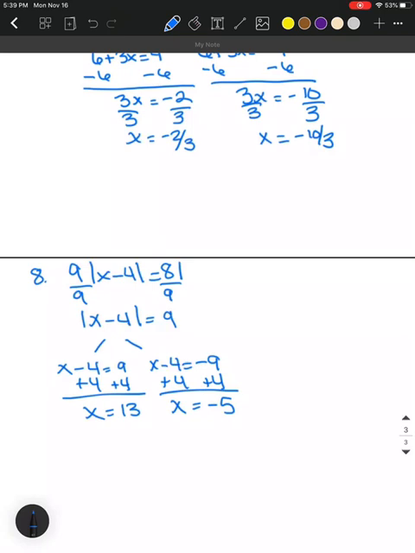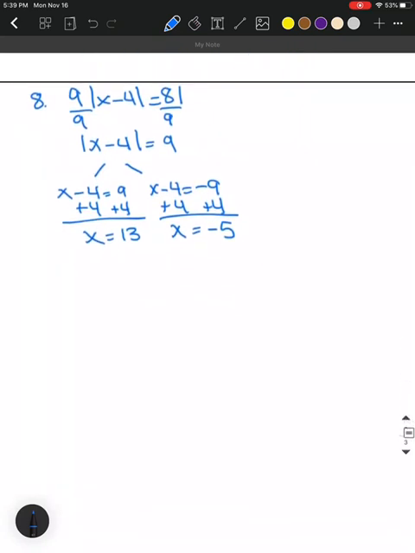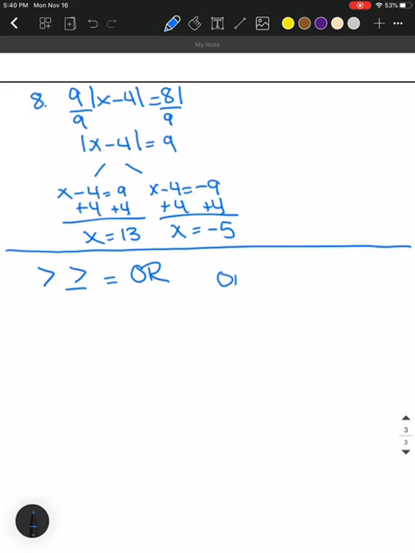Now for inequalities, it's just a tad bit different. I'm going to add the rules for this so that we can tell whether it's an and statement or an or statement. Not for sure which one is going to be on your quiz, so I want to make sure I give you both. If you have a greater than symbol, or a greater than or equal to symbol, this is an or statement. Okay, that's an or, because if you hear greater, you can pull that or out. And remember, for ors, we shade opposite directions.